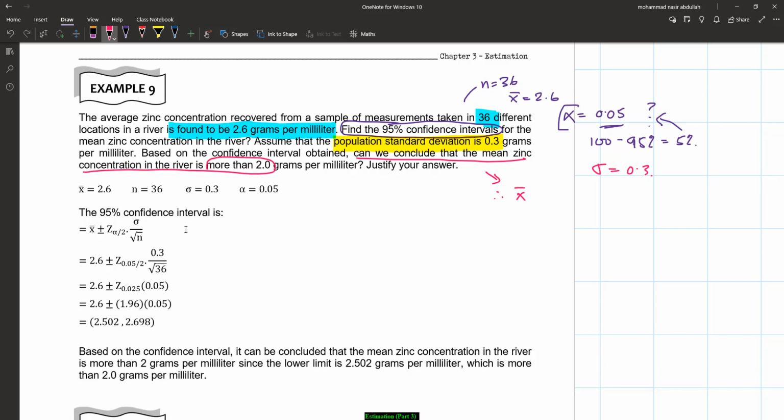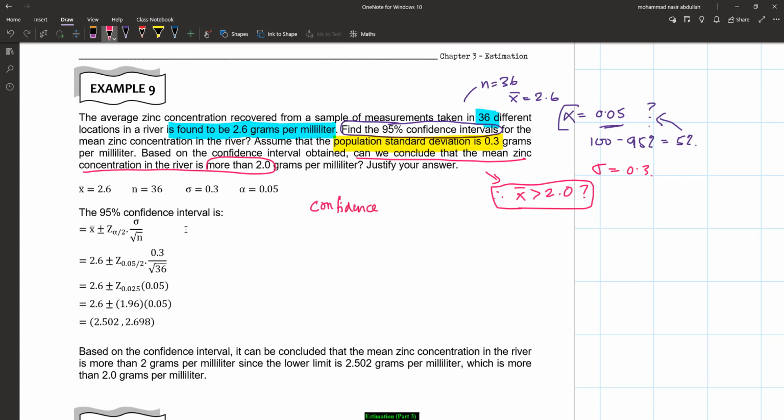This is what we want to find out, whether the mean zinc is more than 2.0. So by using this, we can calculate the confidence interval of the mean.